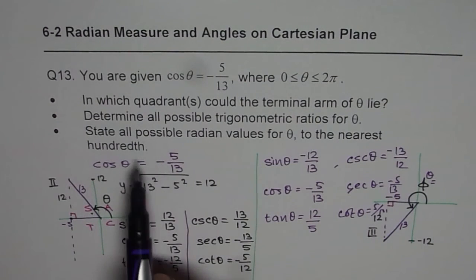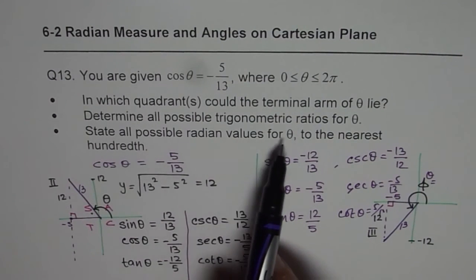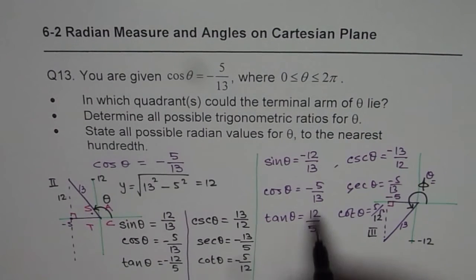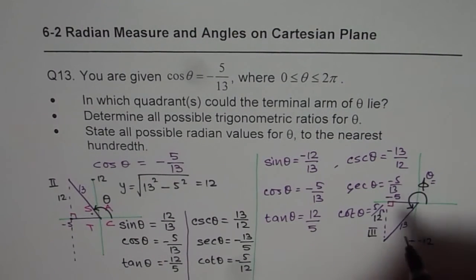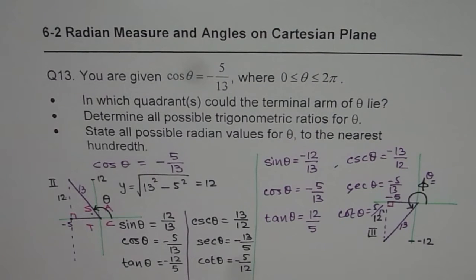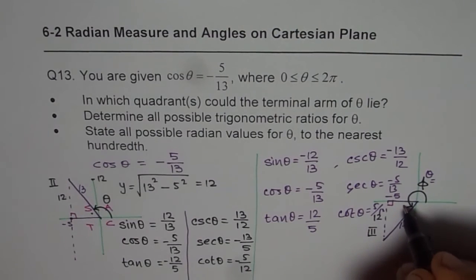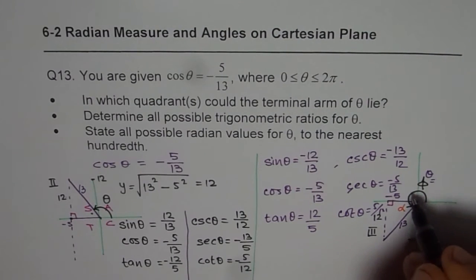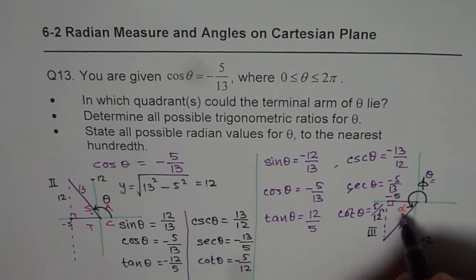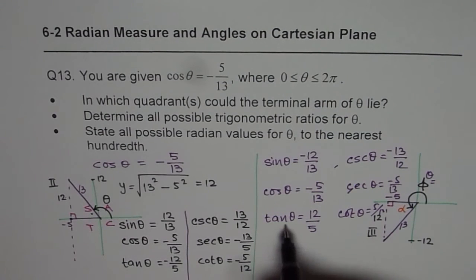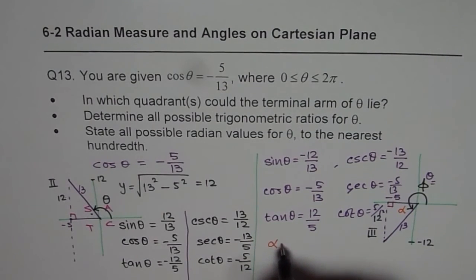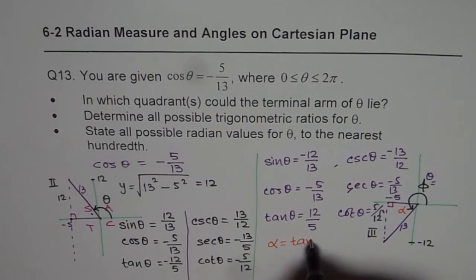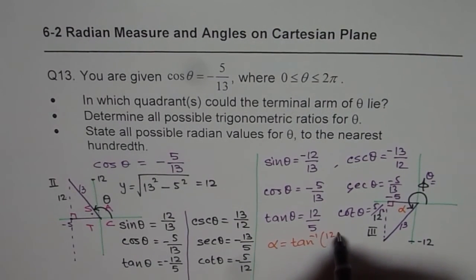Now the last part is: state all possible radian values of theta. To find the radian value, you should find the acute angle, right? So I will first find the acute angle and then find the principal angle. Let's say alpha is my acute angle. Alpha equals tan inverse of 12 over 5.